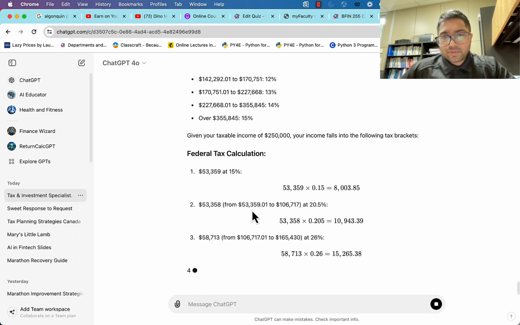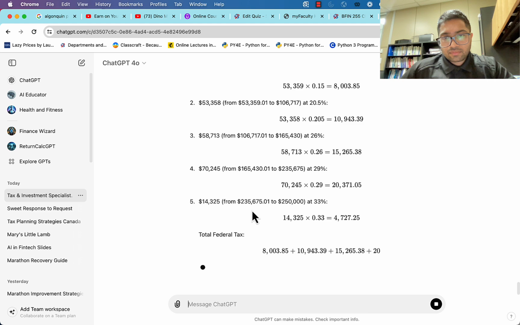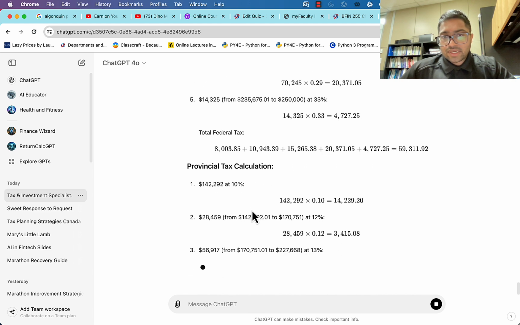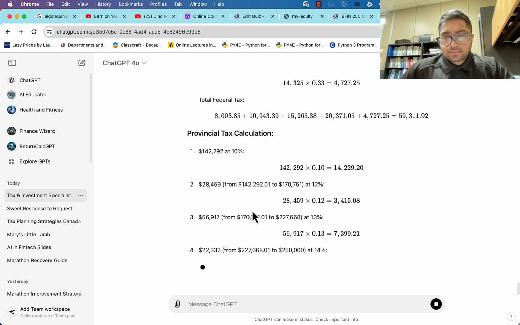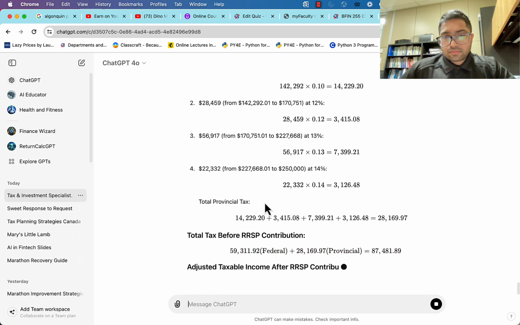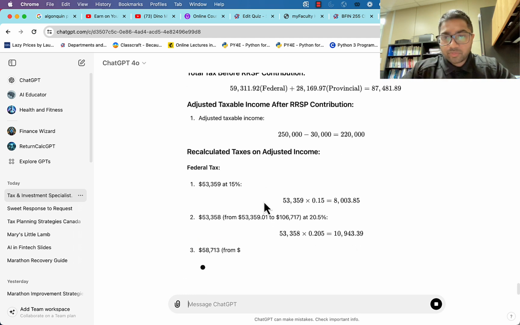We'll change the prompt a bit. I don't want to see the calculations, that's the whole objective. So it's always a trial and error method. You have to keep on prompting to improve your prompts.